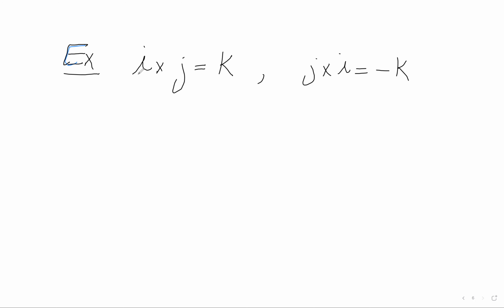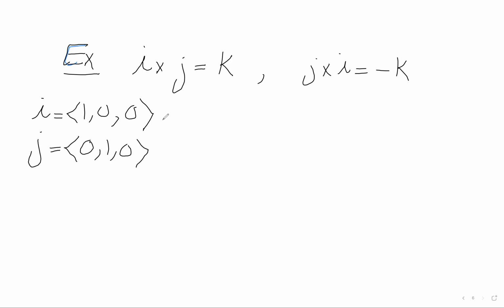Like for the first one, if I go with the definition, i is what? i is 1, 0, 0. j is what? 0, 1, 0. So i cross j, I can use the determinant with i, j, k.